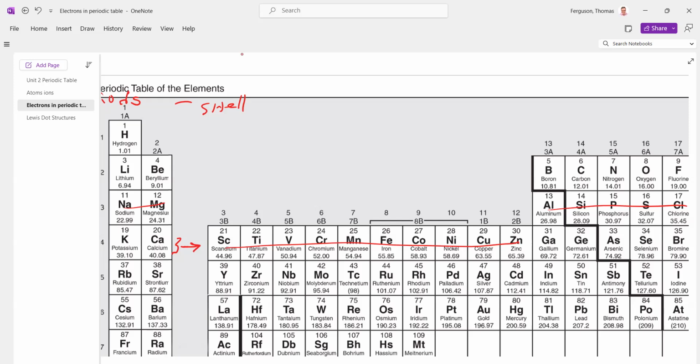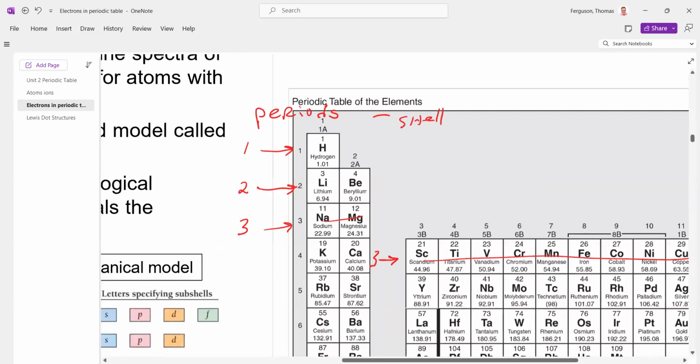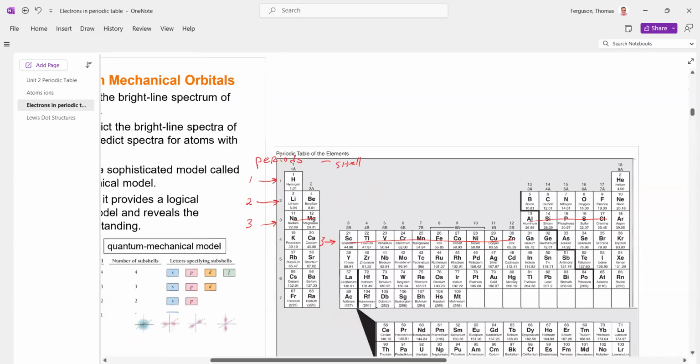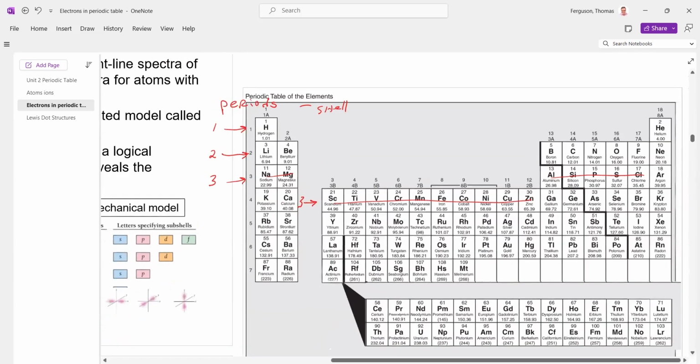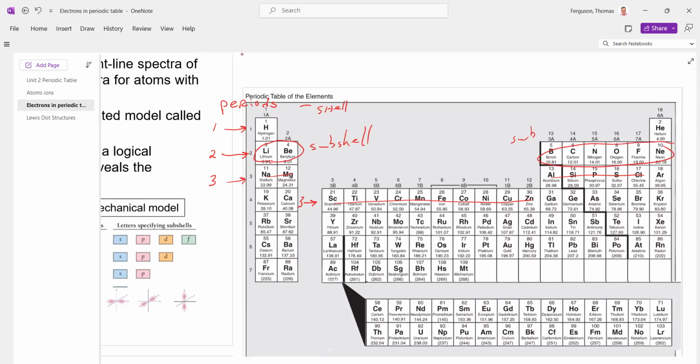Okay. So a shell is the whole thing. Subshells are pieces of the shell. So this would be a subshell, and that's a subshell.